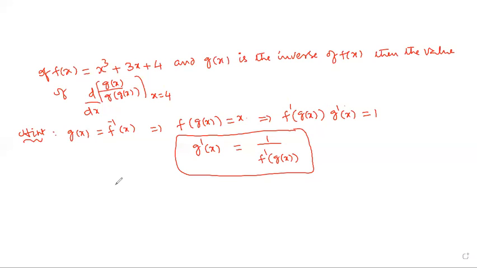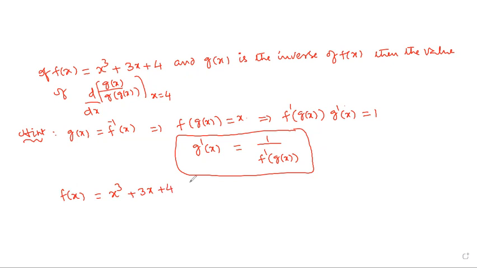Next, here I will find g dash of 4 also. G dash of 4 means we need the g of 4 value. So take f of x is equal to x cube plus 3x plus 4.